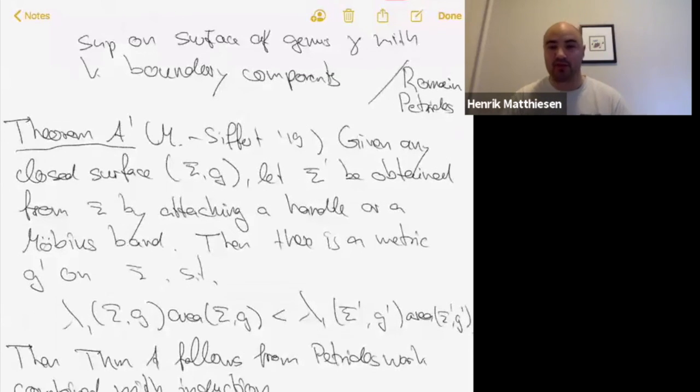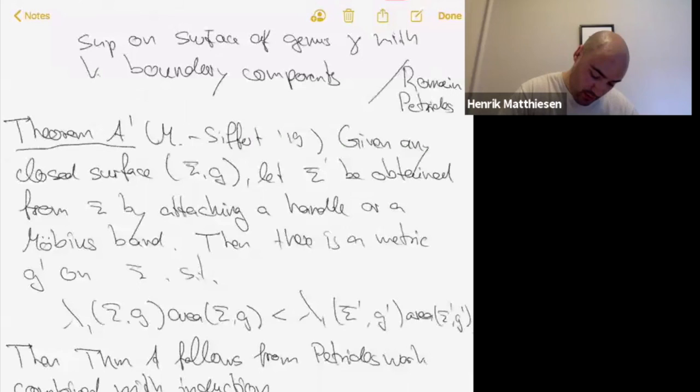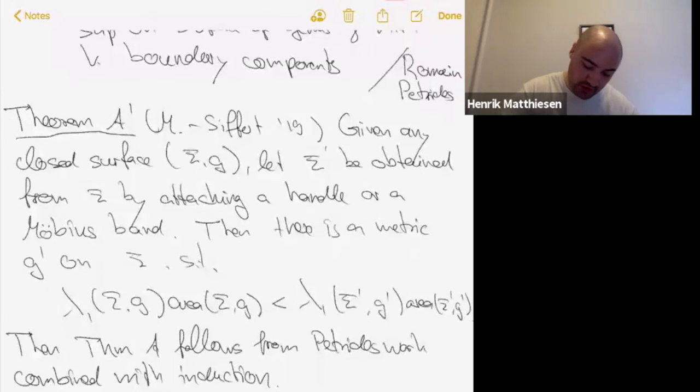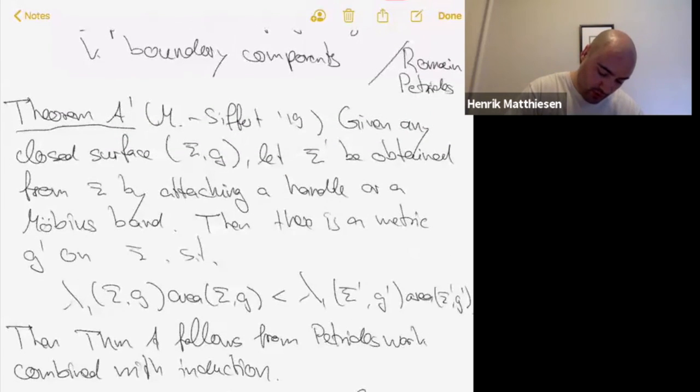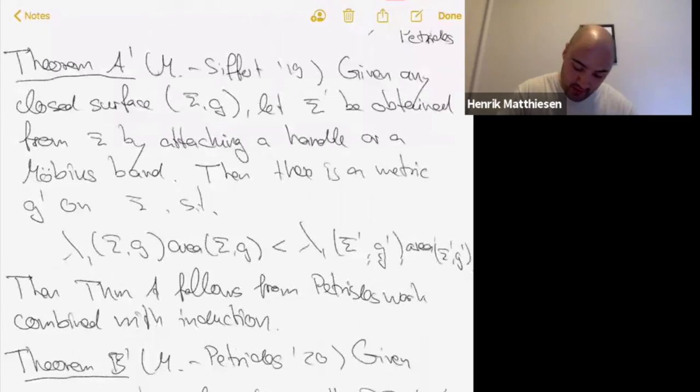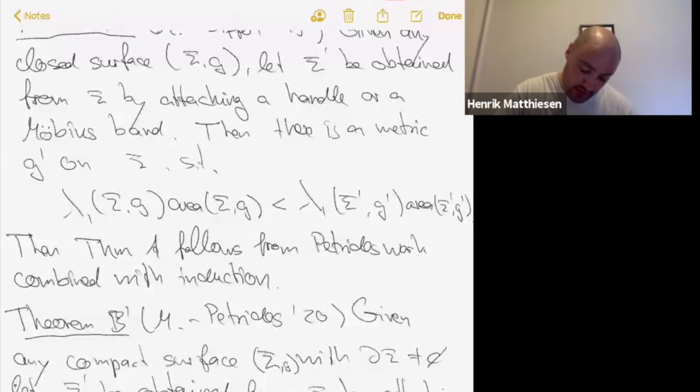Okay, then again, we can strictly increase that quantity. So then there is G prime on sigma prime such that you strictly increase, such that lambda 1, sigma 1 of sigma G, the length of the boundary, is strictly below the quantity for sigma prime, for G prime.